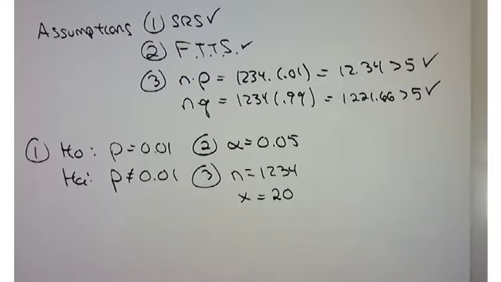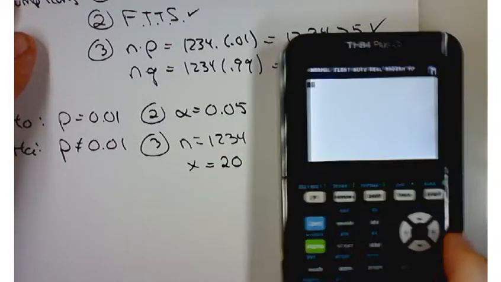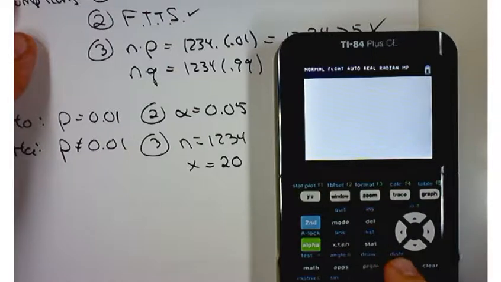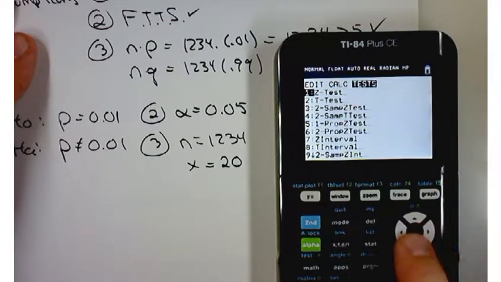Now, you can do that in StatCrunch, but I promised to show you how to do this on the graphing calculator, so let me show you. Let's see. Stat, and then go over to Tests.